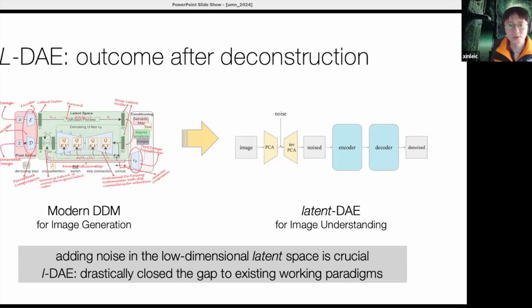Yeah, so I'm talking about two different things. In the latent DAE pipeline, we immediately map the noised PCA projections back into the image space. So in this case, it is indeed image space denoising. I will call it denoising, and this is for image understanding. But when I was addressing that question, I was talking about image generation.